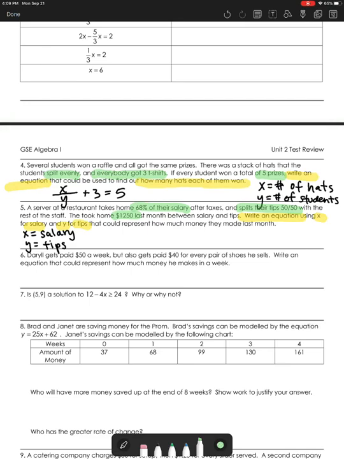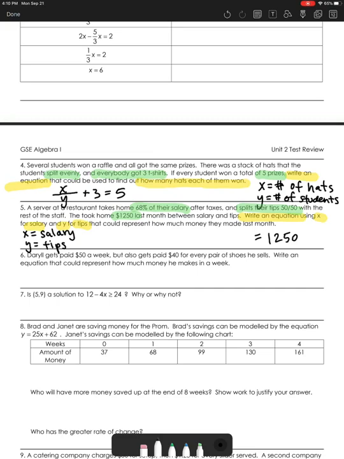And so this idea of half goes with tips, 68% goes with salary, and then we have this total amount of money. The thing is we have a lot of different units going on in this problem. We have a percent, we have a fraction, we have money. The money is okay. We can leave the money as is, and we're actually going to set this equation equal to $1,250, because that's what we're trying to write, the first half of the equation that could represent this total amount that they made last month.